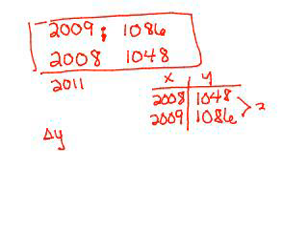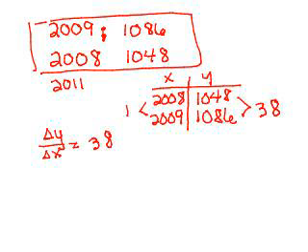So we're going up 38 students. And the change in the x is 1. So change in y over change in x, which represents the slope, is 38.